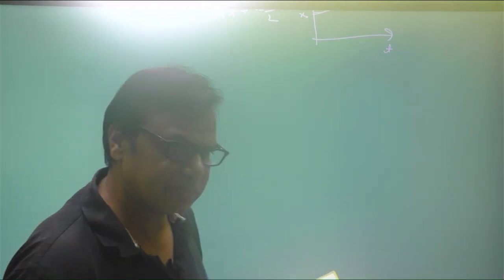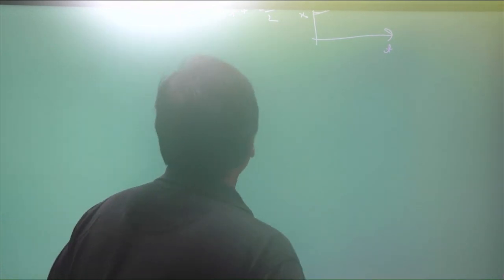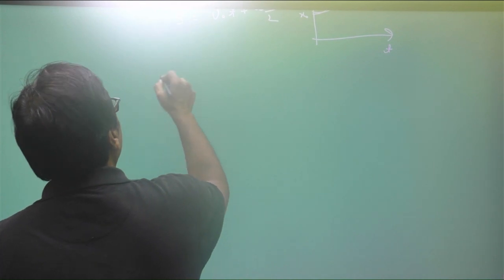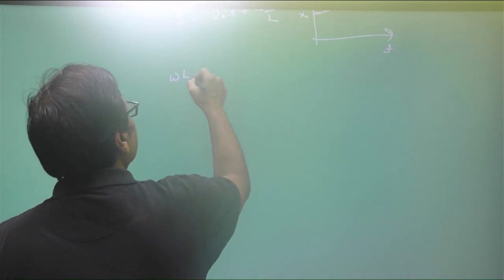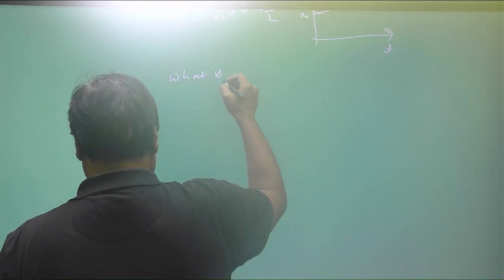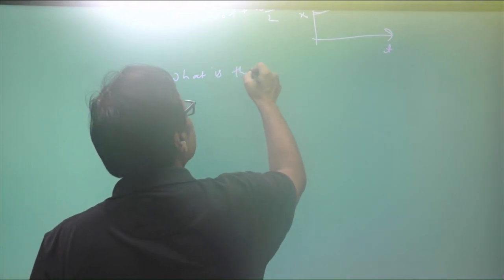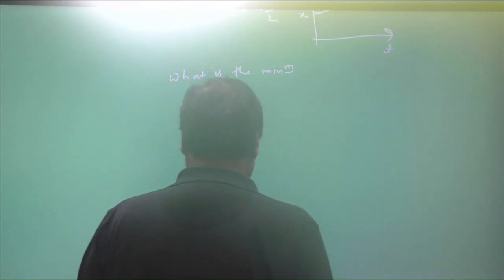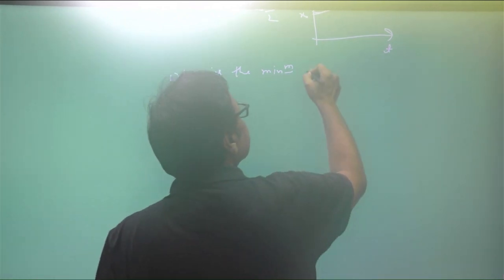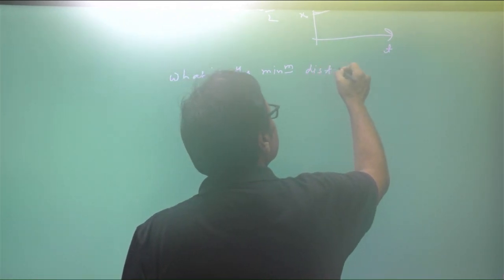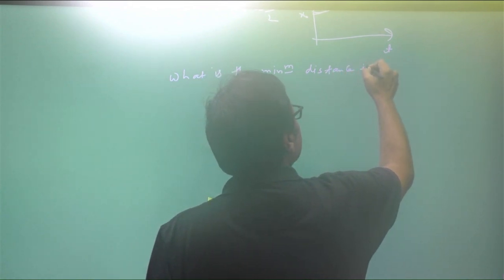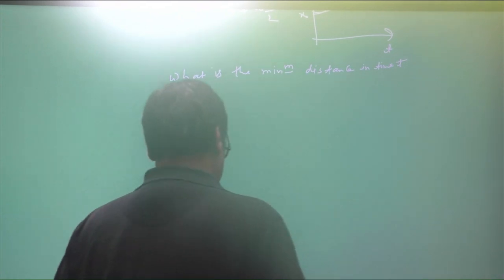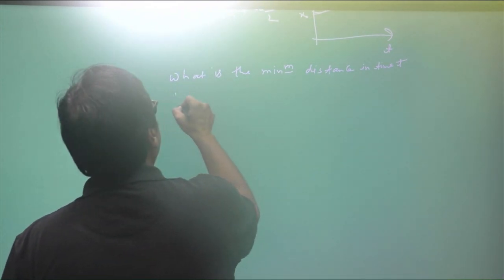So this is the problem. And the problem is, what is the minimum distance in time t that a particle moving with constant acceleration a can travel?